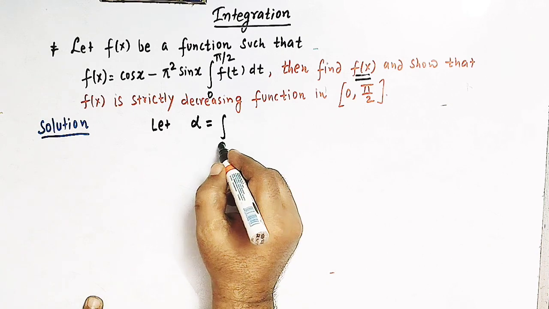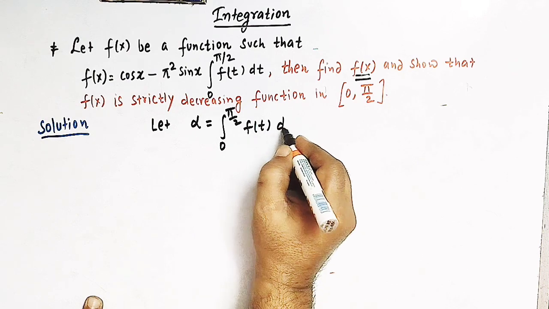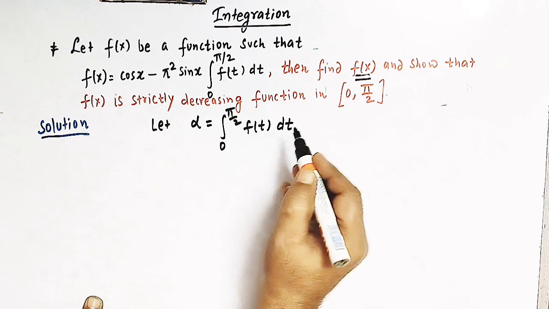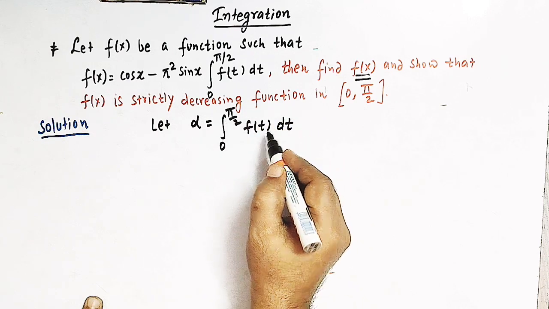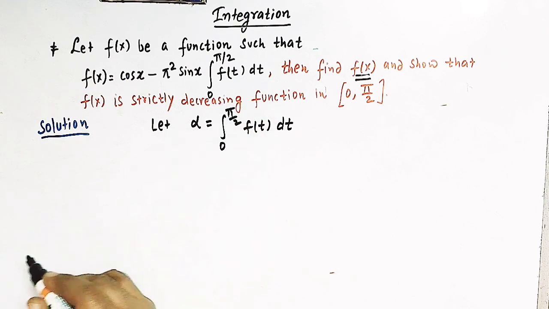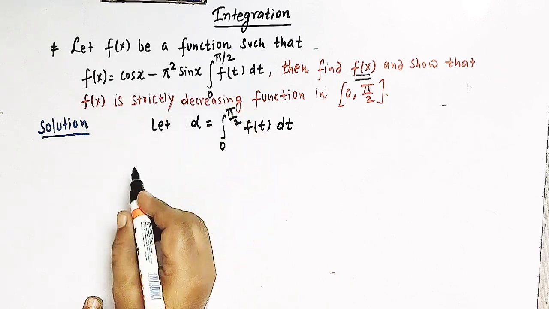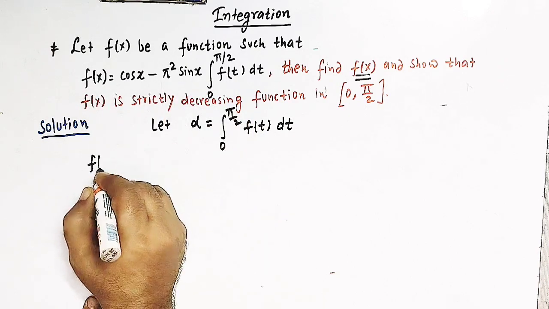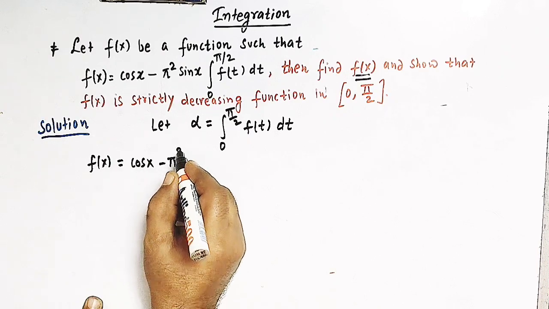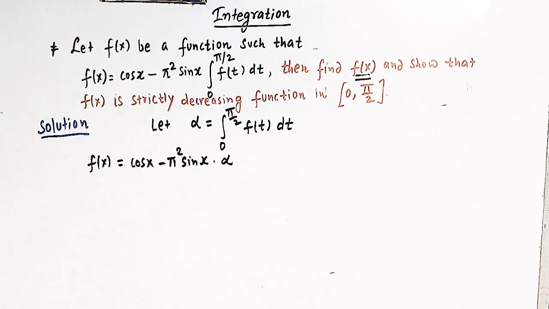So alpha is equal to the integral from 0 to pi by 2 of f of t dt, because whatever the function f of t is, when we calculate this integral it is going to give us some number, say alpha. So taking this integral as alpha, we can now write this equation as f of x is equal to cos x minus pi square sin x times alpha.